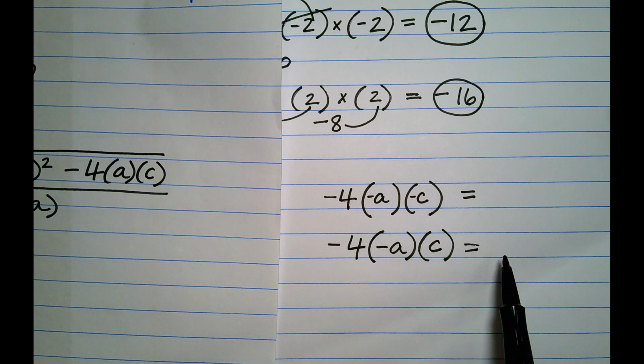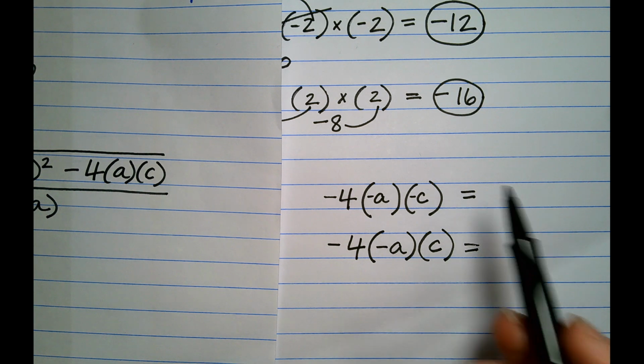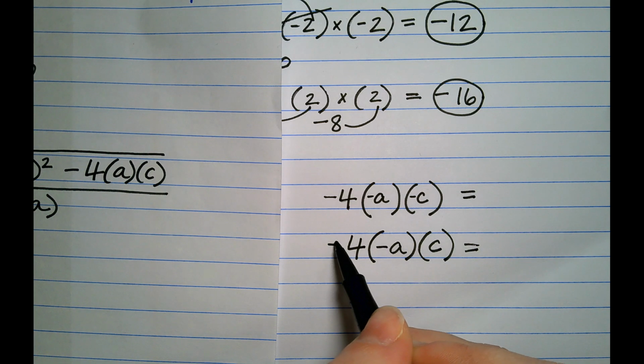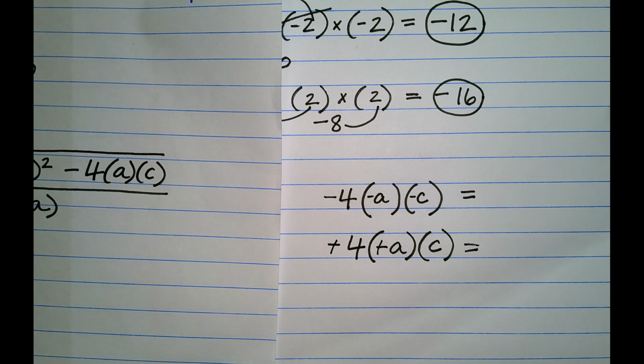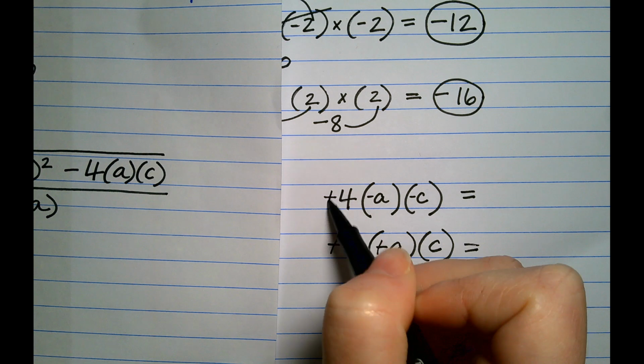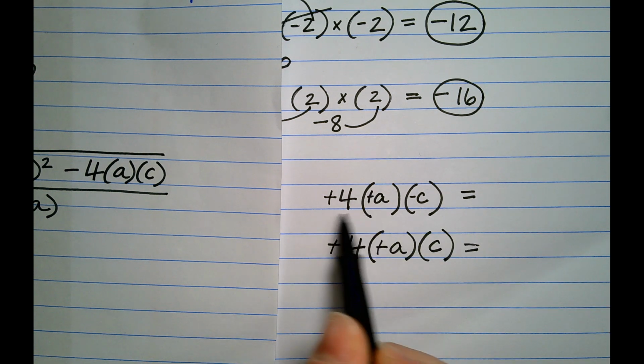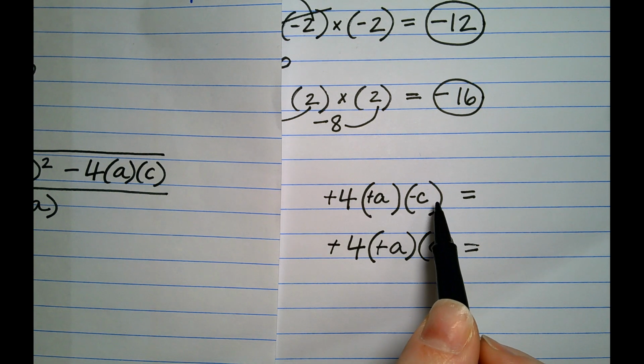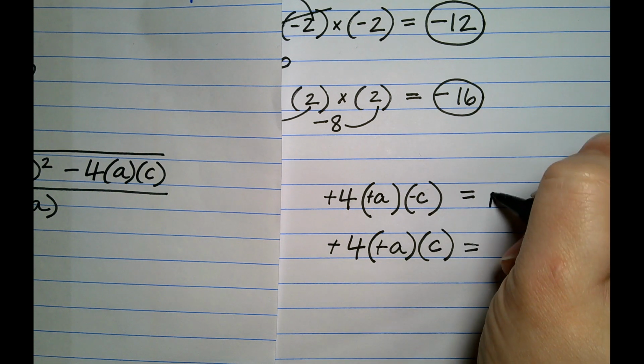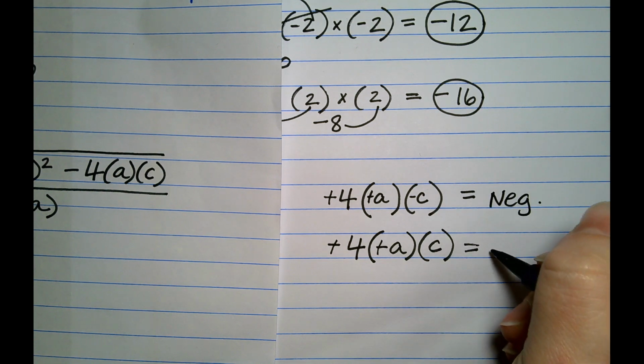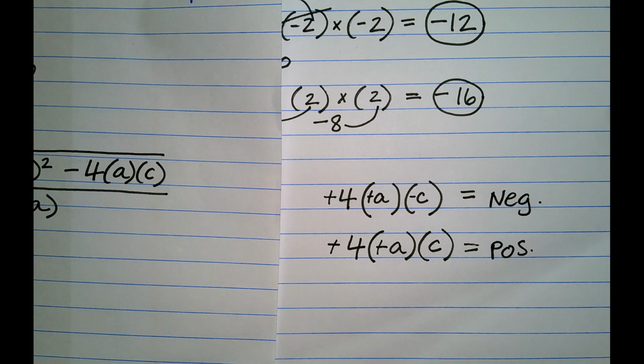Will I have a negative answer or a positive answer? Positive. Nice. So it's something to think about. Our negatives can cancel if they have partners. In the earlier one, I could cancel two negatives, but I still have one left over with no partner, so we end up with a negative answer. Here we end up with a positive.